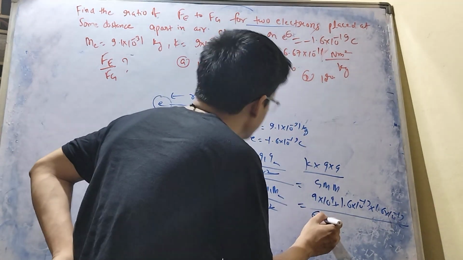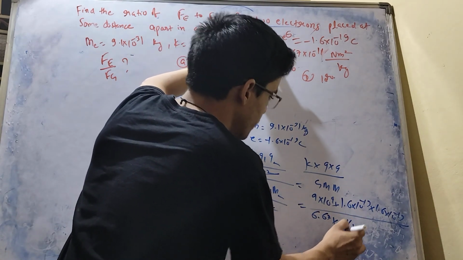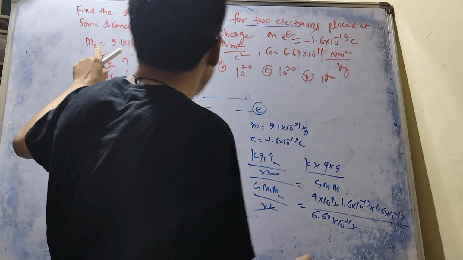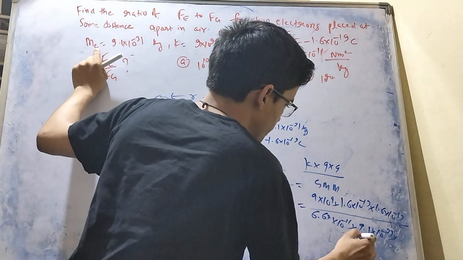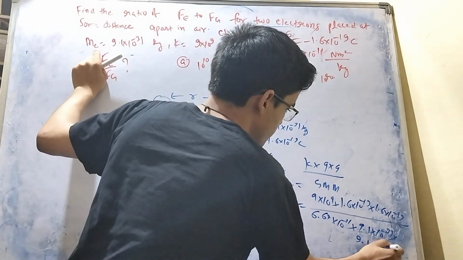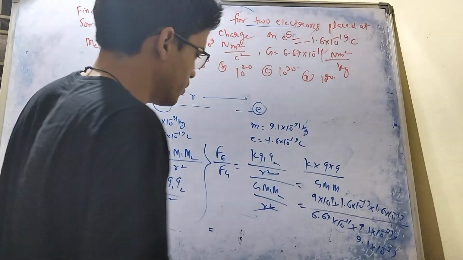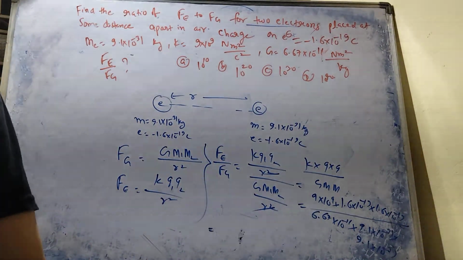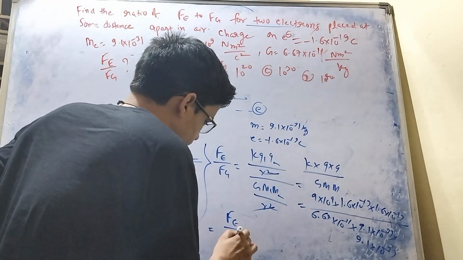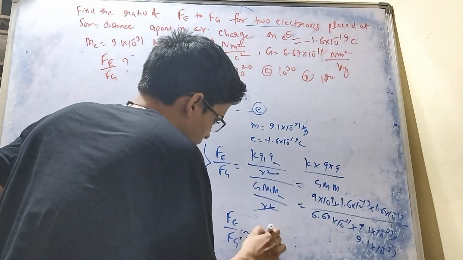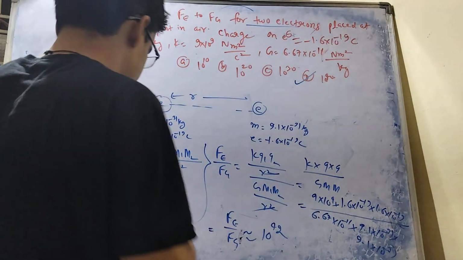G value will be 6.67 into 10 power minus 11. And what is mass value? Mass value is 9.1 into 10 power minus 31, times the same value, 10 power minus 31. If you solve this, approximately you will get Fe by Fg approximately 10 power 42. I think this option is correct, right?